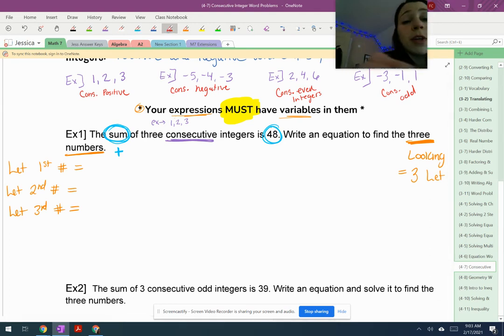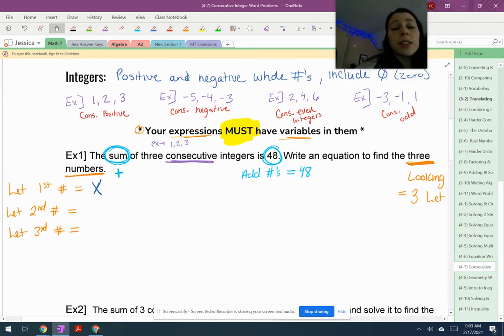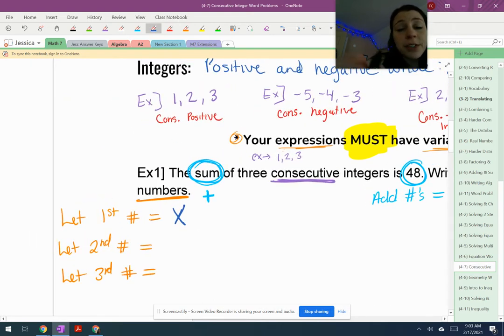So I know that based on what they tell me about the sum, I'm going to add the numbers and equal it to 48, right? That sum is 48. So if I don't know what the first number is, we can use our good old trusty X to represent that. So now, if I go back to one of our examples of consecutive numbers, if X is like my first number, what would I need to do to get to the next number?